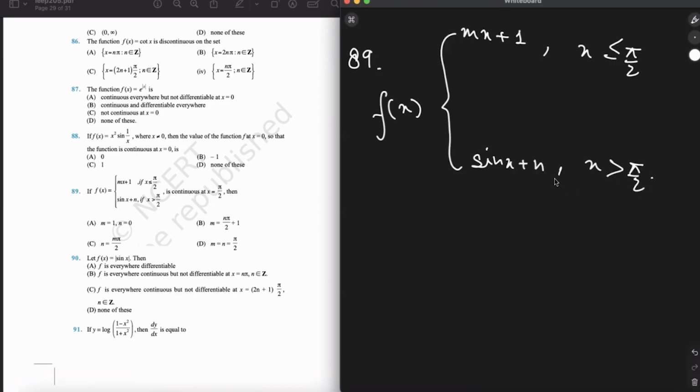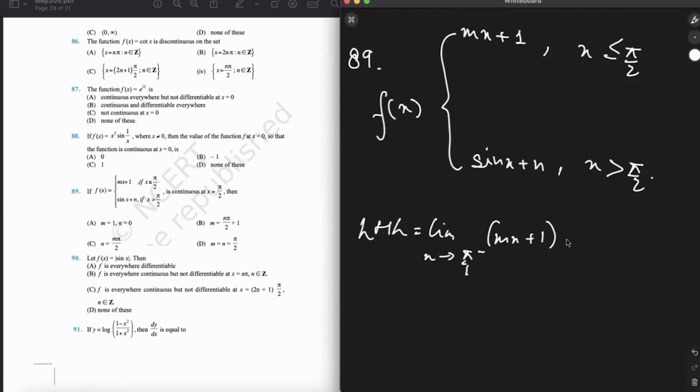Now we have to check if this is continuous at x equals pi by 2. We should check first the left hand limit. Left hand limit will be x tending to pi by 2 negative of mx plus 1. This is the function that will come in place when we approach from the left hand side.